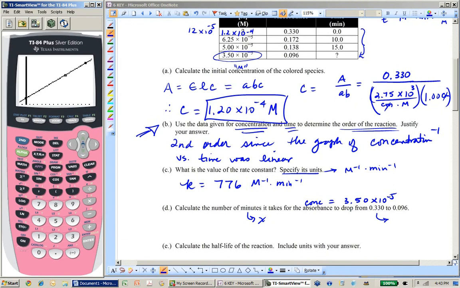And so I'm looking for reciprocal concentration in my y. So I know the y, I'm in search of x. So y equals, when I know the y, 3.5 second EE to the -5 with the reciprocal thereof. And choose enter, choose graph.